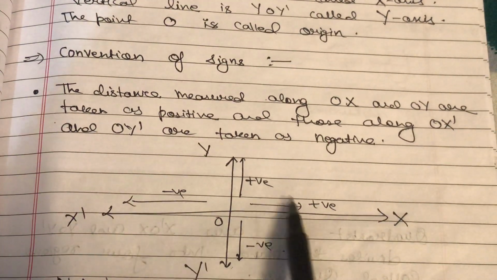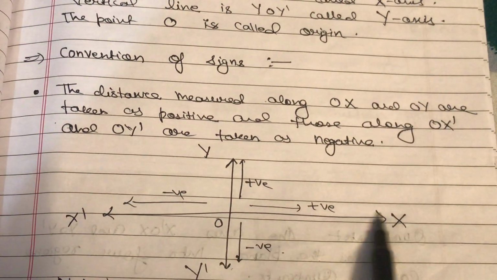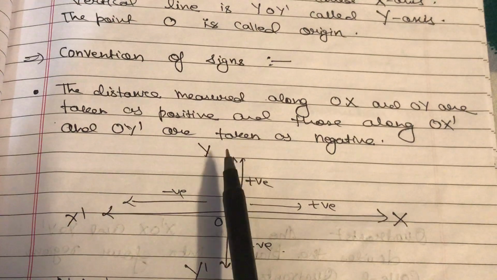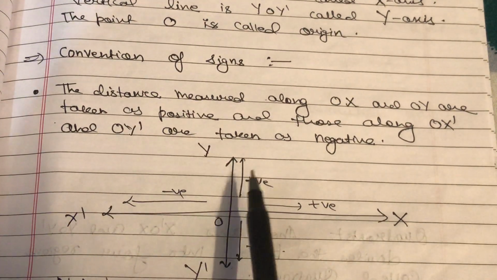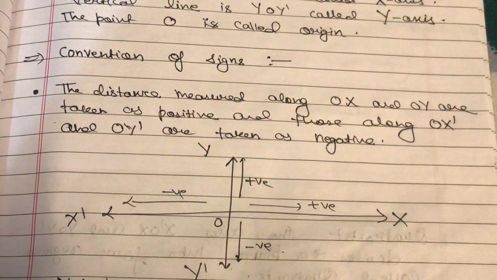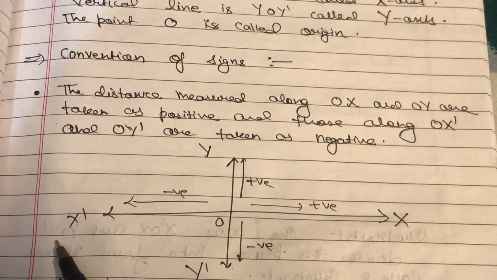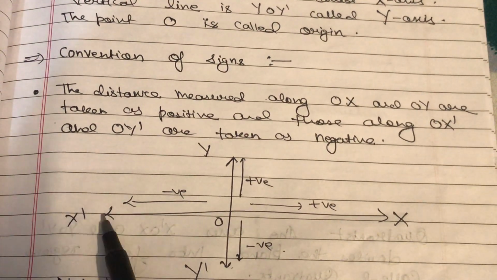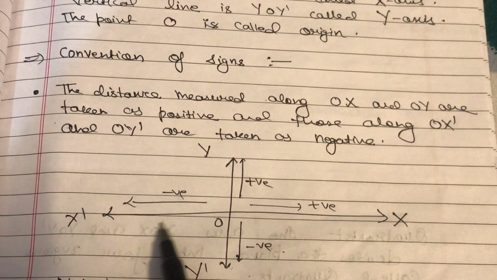So similarly here also, OX represents the positive axis, OY represents the positive axis on which positive numbers will lie, and OY' and OX' represent the negative axes on which negative numbers will lie.